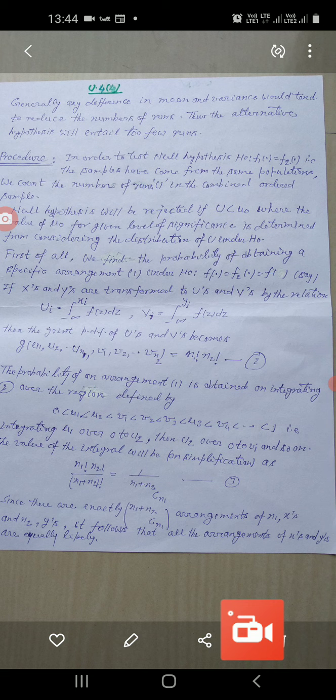Generally, any differences in mean and variances would tend to reduce the number of runs.